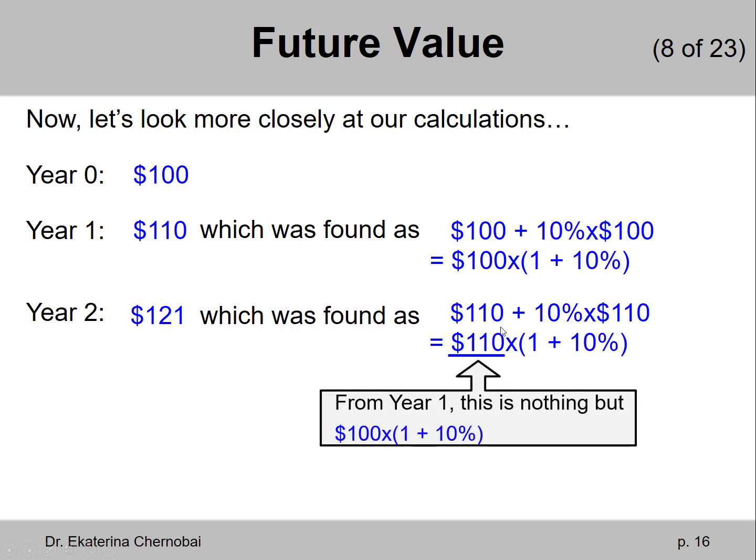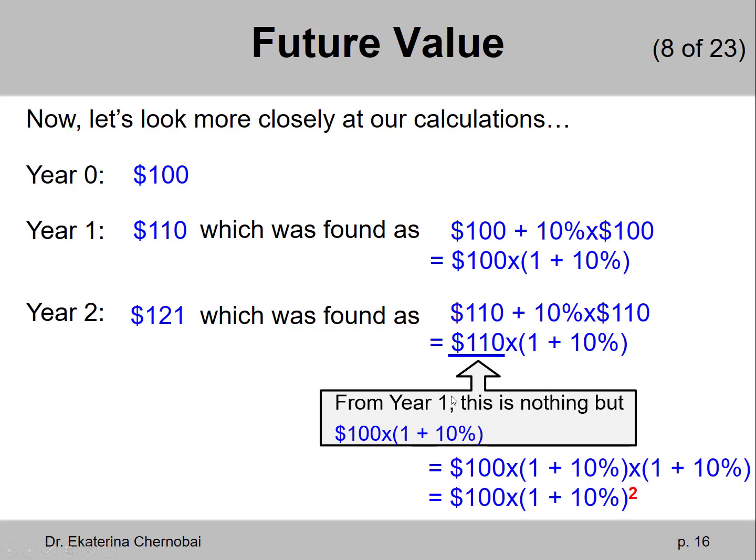But wait a second, what was 110 again? Let's look at year 1 calculations. 110 was nothing but 100 from the very beginning, year 0, multiplied by 1 plus 10%, right?